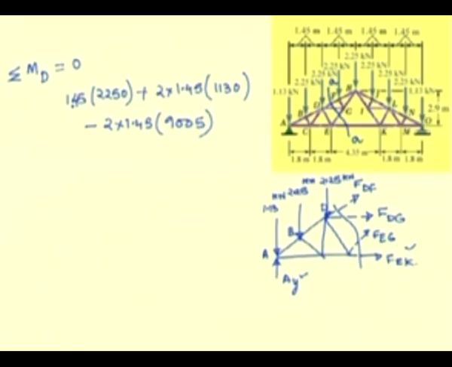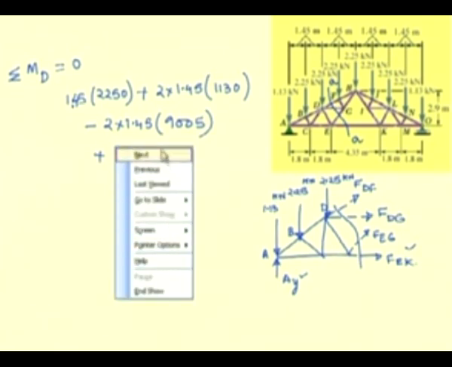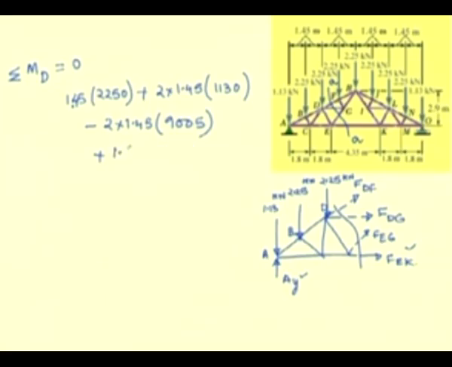So, it is a positive quantity, plus 1.5 times the direction cosine of this force EG, plus 3.6 minus 2 into 1.5 times the force in the member EG.